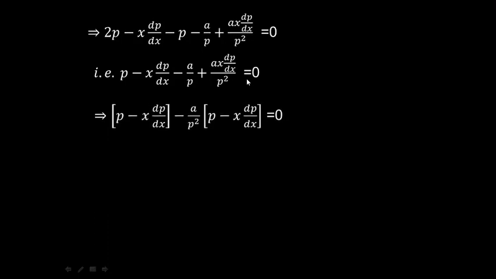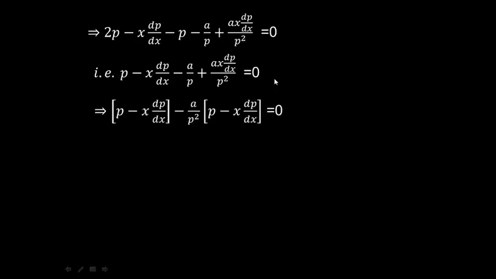Now you can see our aim is to factorize the terms and get the factors for p. In the first two terms, I will take 1 common, whereas in the last two terms I can take minus a by p square common. So we have p minus x into dp by dx is equal to 0.